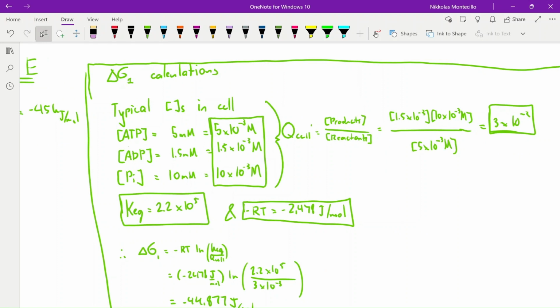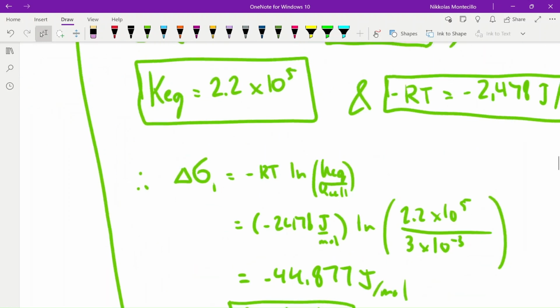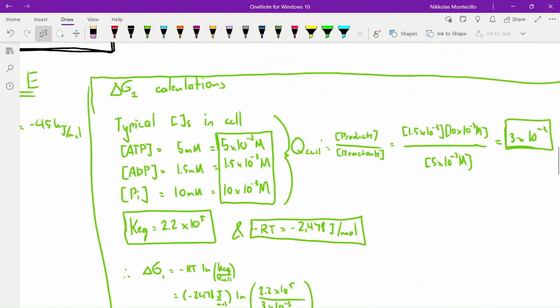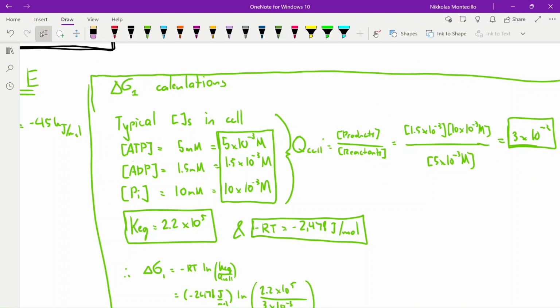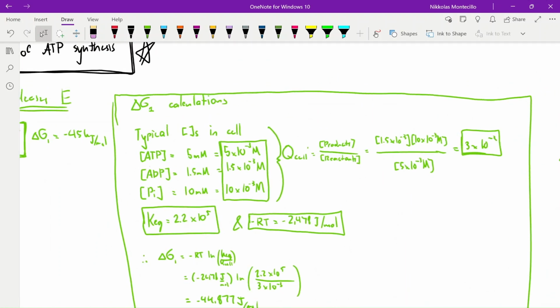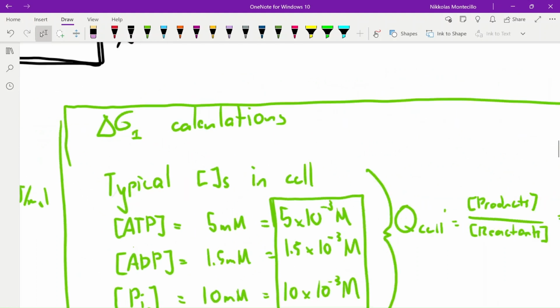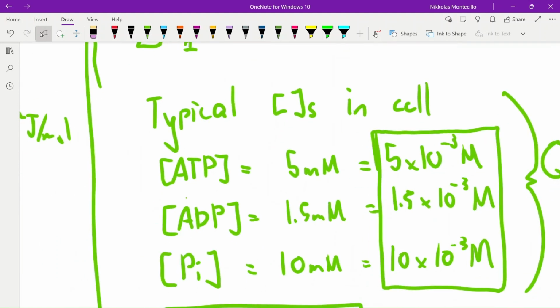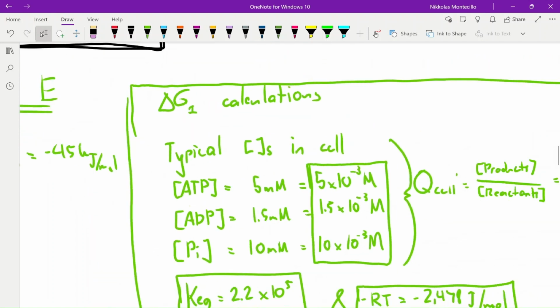So we see here, remember that delta G1 is equivalent to negative RT ln KEQ over Q cell, and we have to assume these conditions where we assume the general concentrations of the substituents of the reaction, where the concentration of ATP is 5 times 10 to the negative 3 molar.